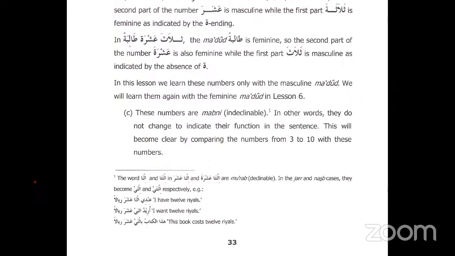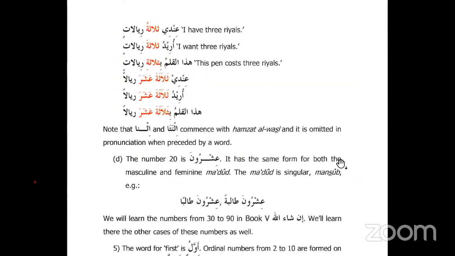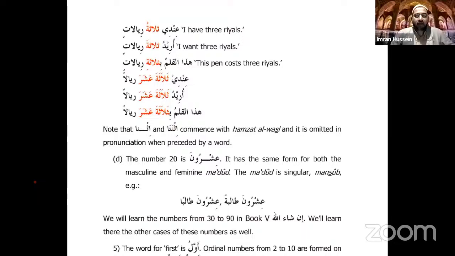These numbers are mabni, indeclinable. In other words, they do not change to indicate their function in a sentence. This will become clear by comparing the numbers from 3 to 10 with these numbers. If they are coming in as mudaf ilayh, nothing changes. The harakat of these numbers do not change.